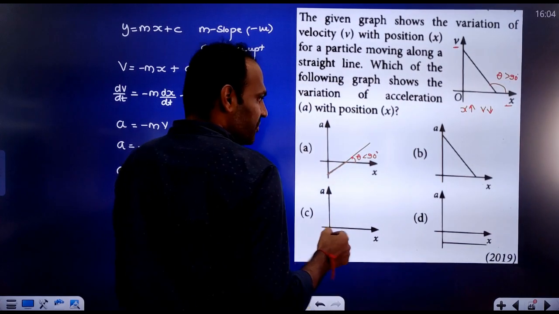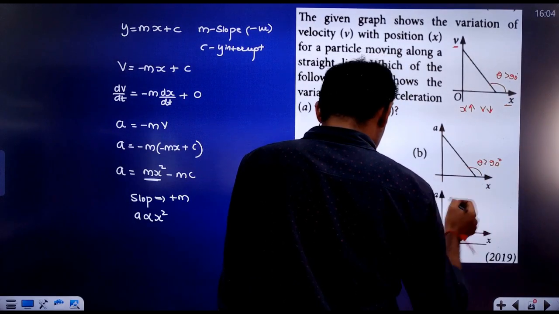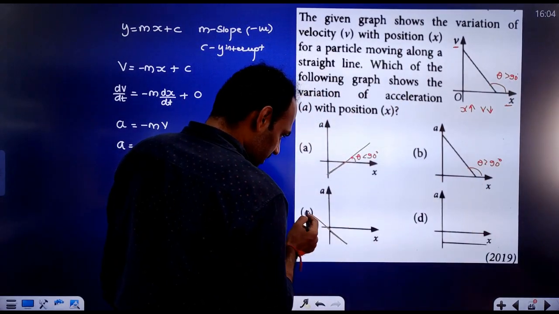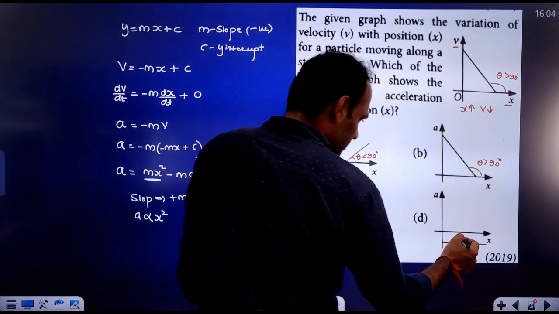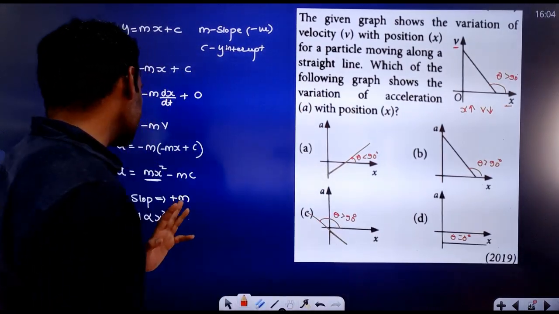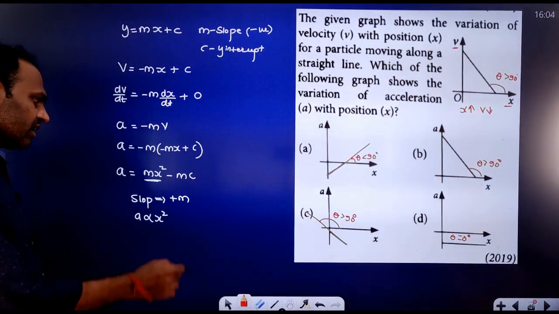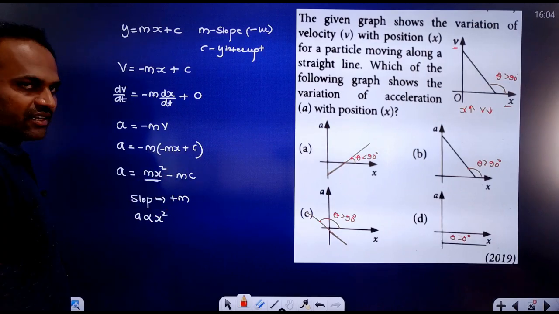Less than 90 degree. And for this one? Greater than 90 degree. Here it is greater than 90 degree. Correct? And here the angle is 0 degree. Correct? So we needed a positive slope, because in the acceleration equation the slope term is mx square minus mc. Right?